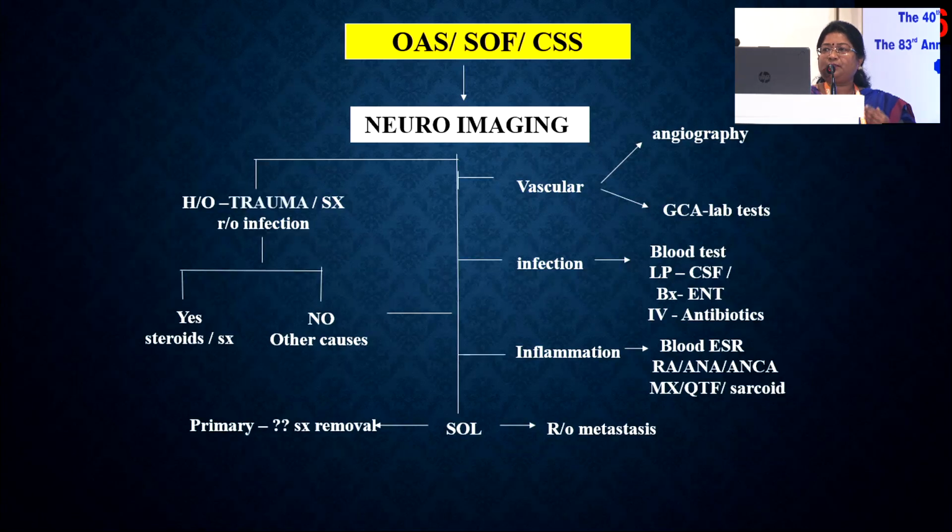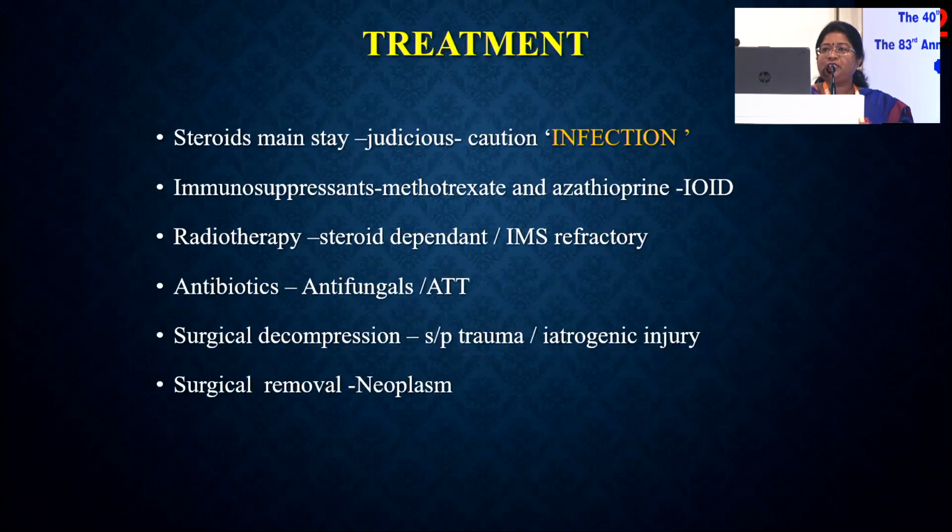If it's vascular, perform an angiogram. And do not forget, giant cell arteritis can walk in with a headache and diplopia, and sooner or later it might pass on to arteritic anterior ischemic optic neuropathy. Please do remember that. As I said, steroids are the mainstay of treatment, but rule out an infection, and radiotherapy has its role in refractory cases.